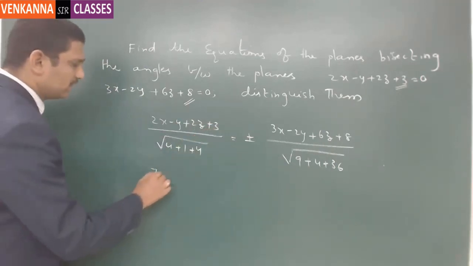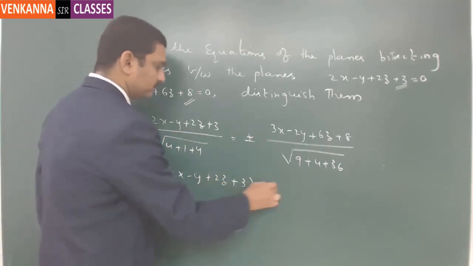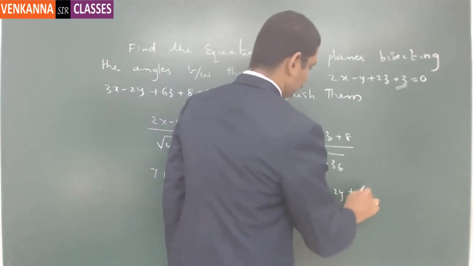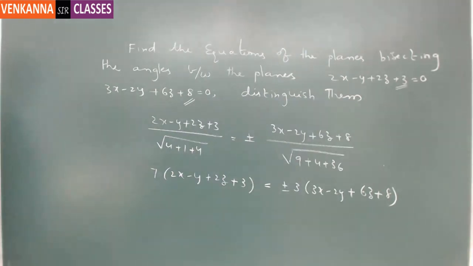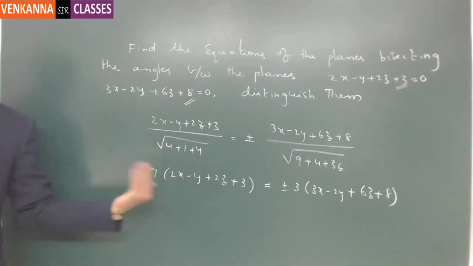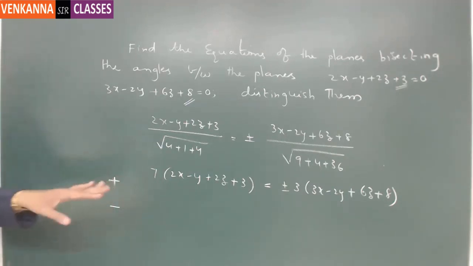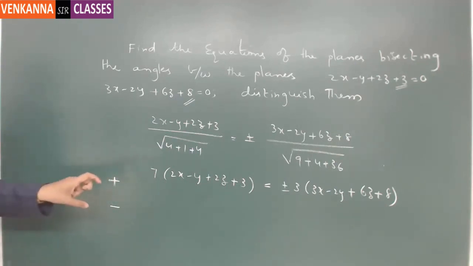Doing cross multiplication, now we use the plus sign on the right hand side, bring the values to the left, and you will get one plane equation. Similarly, we use the minus sign on the right hand side, take the values to the left, and we will get another plane equation. So these two are nothing but our required planes.